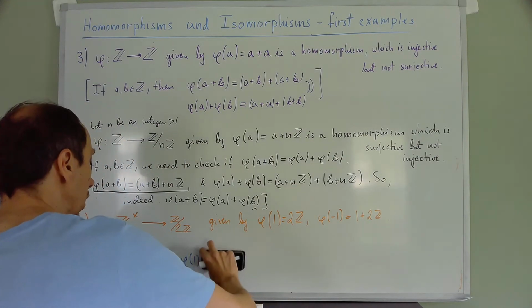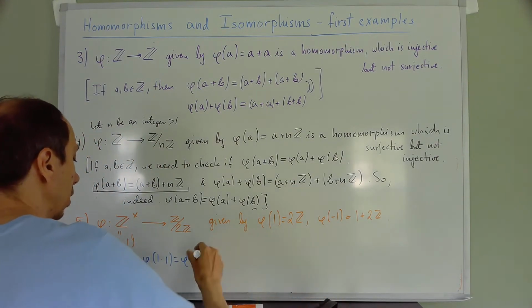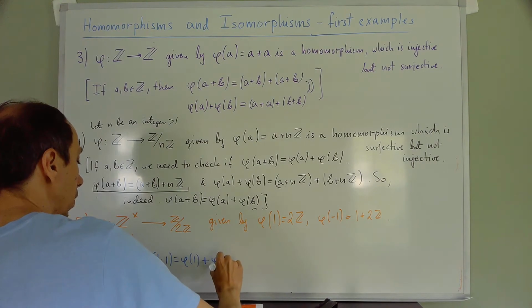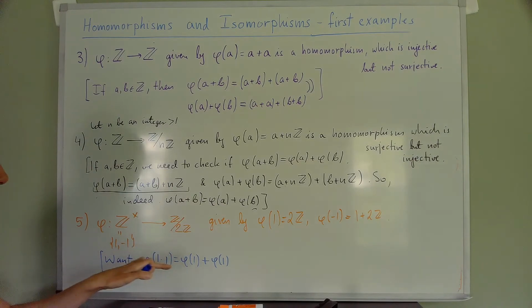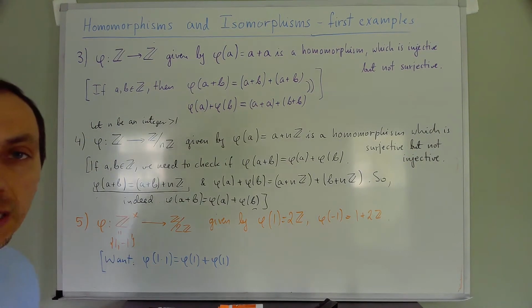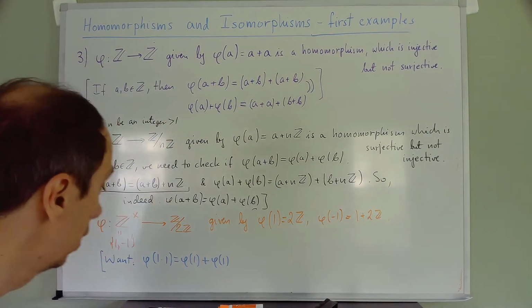Remember, I fell into my own trap: the operation here is multiplication, but the operation here is addition of congruence classes. So the times should get transformed into a plus.